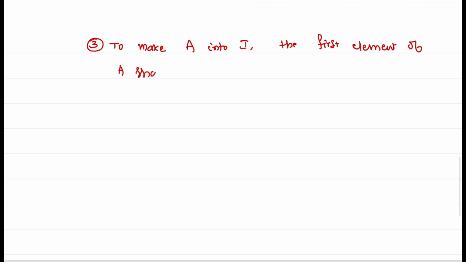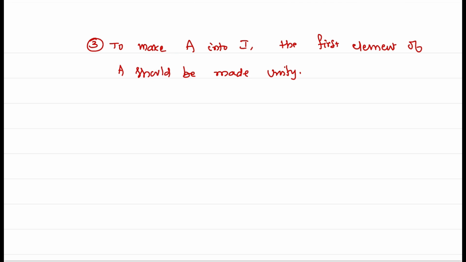Now, the third step, to make A into I, the first element of A should be made unity, because it is 1, 0, 0.